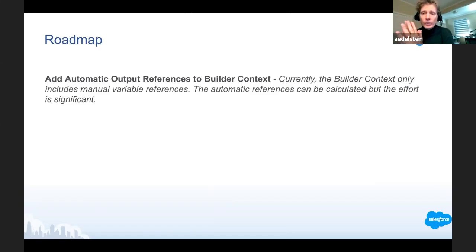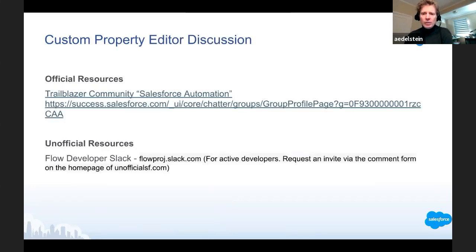And there's one gap we're working to fill right now, which is that the variable information that's passed down from Flow Builder only includes manual variables. It doesn't yet include automatic outputs. So we're going to fix that so you can get the full list of variables and you don't have to do any introspection to find out automatic outputs.